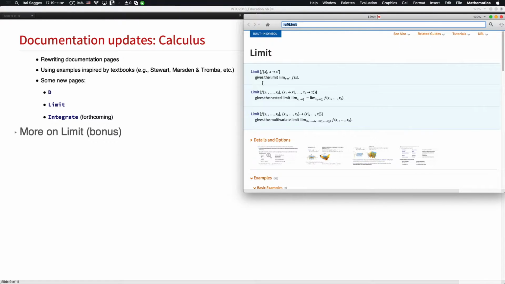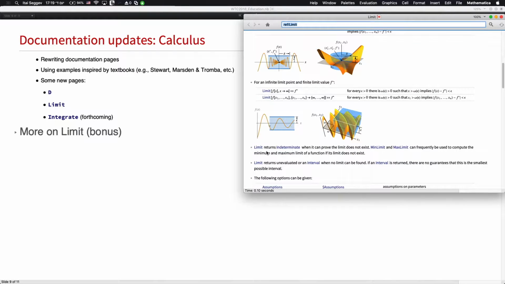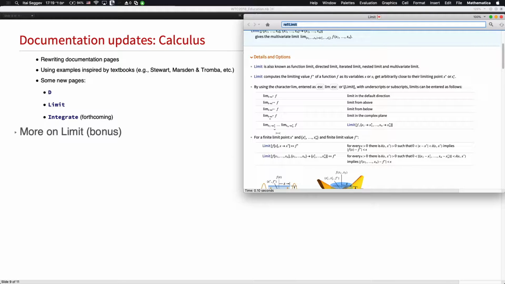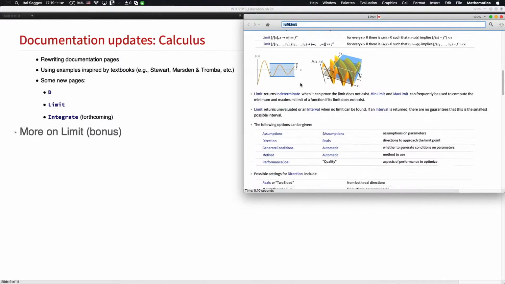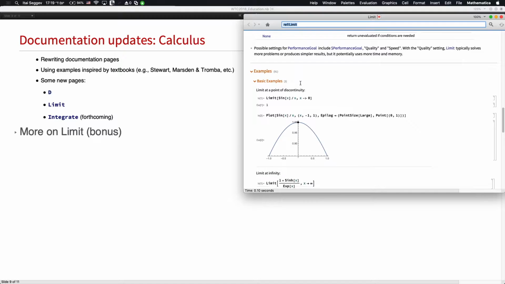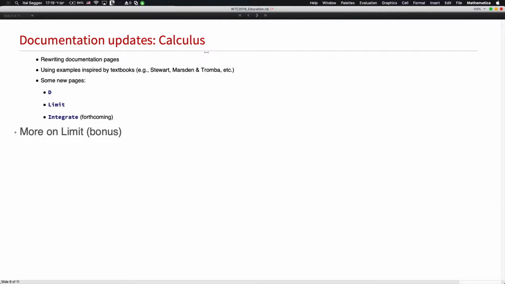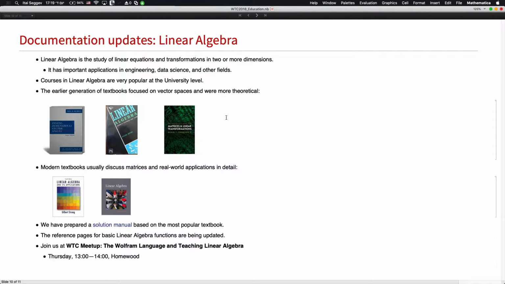And again, we have lots of details with different ways of entering things, pictures of what these things mean, and so on and so forth. So that's integrate. Again, in the interest of time, I won't show you, but that's what we've been doing in calculus. And our next point is linear algebra, so I'll let Devendra take over right now.